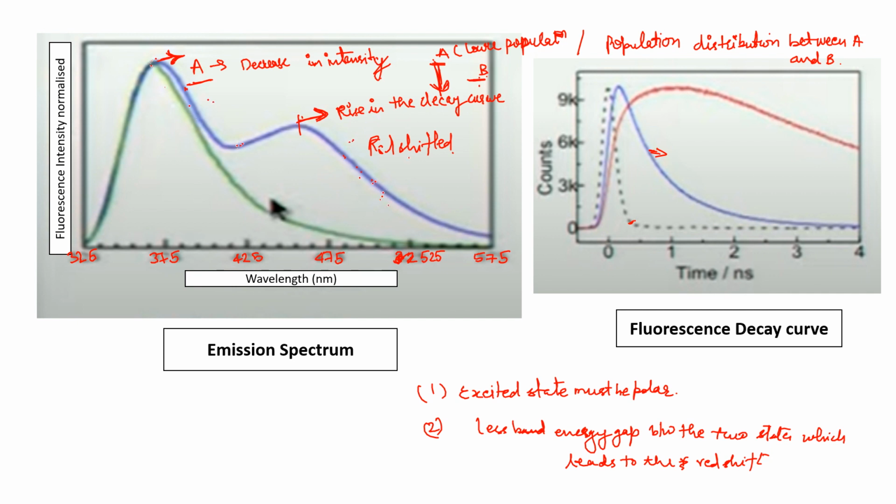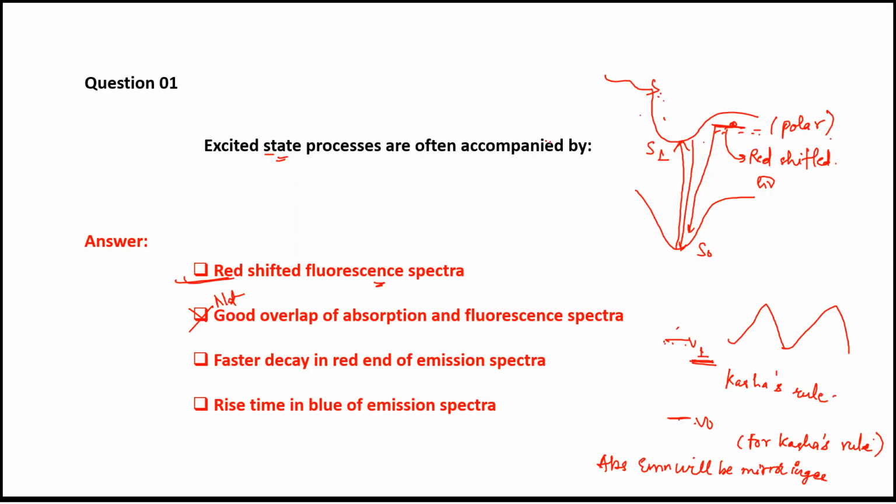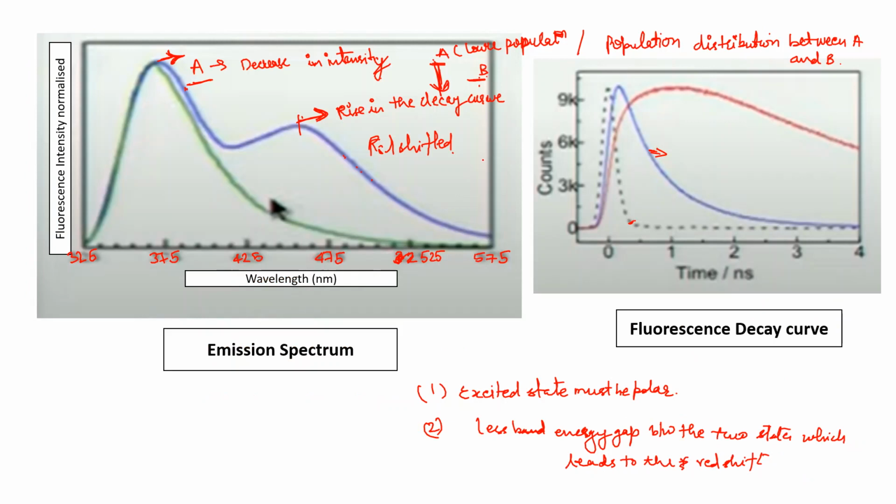And if you study the fluorescence decay of each, you will notice that for this band at the blue end, it will undergo a faster decay, but there will be a rise in the decay of the red shifted one. So this one corresponds to B, this corresponds to A.